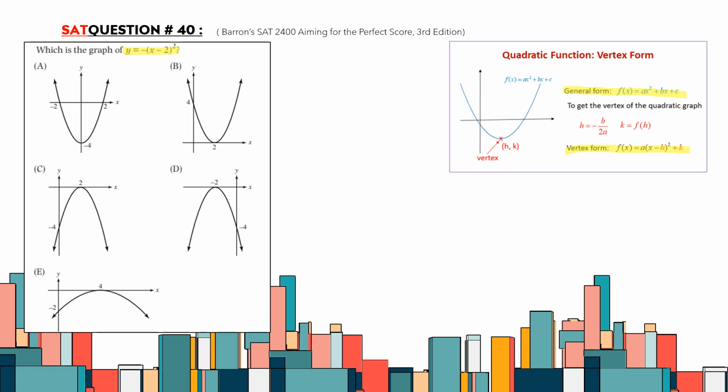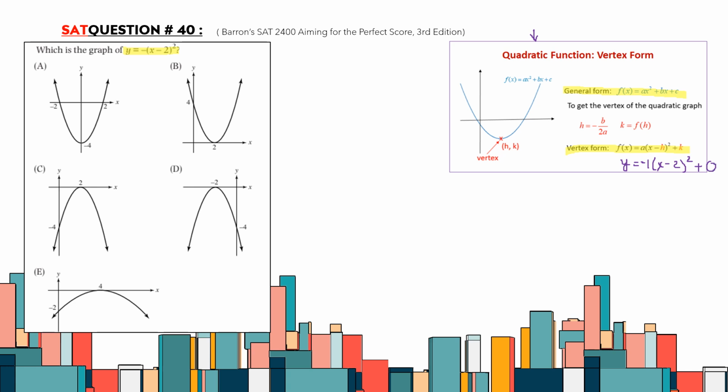First of all, let's try to solve this question with the information we learned, right? We must have memory here, okay? So we have the vertex form. We rewrite it: y is f of x equals negative 1 times (x minus 2) squared plus 0.